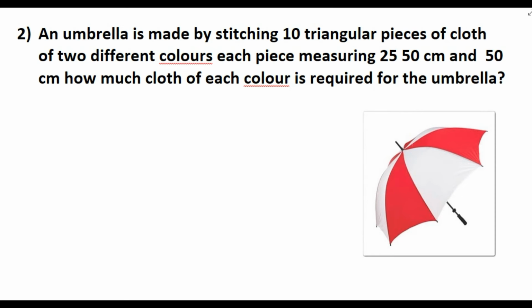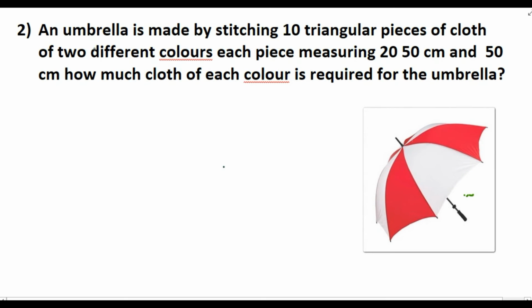So the next question is, an umbrella is made by stitching 10 triangular pieces of cloth of two different colors, each piece measuring 20 centimeter, 50 centimeter and 50 centimeter.